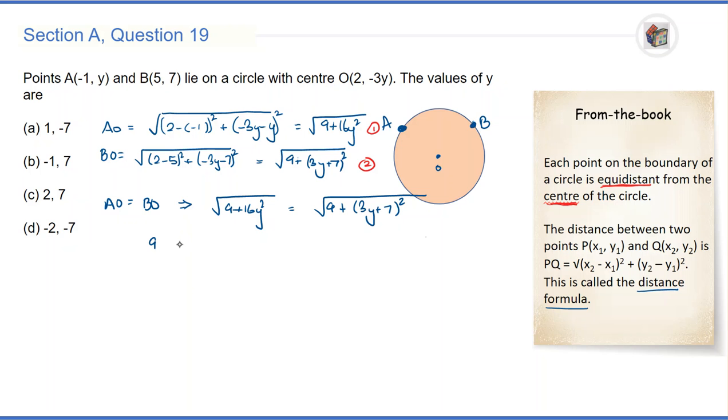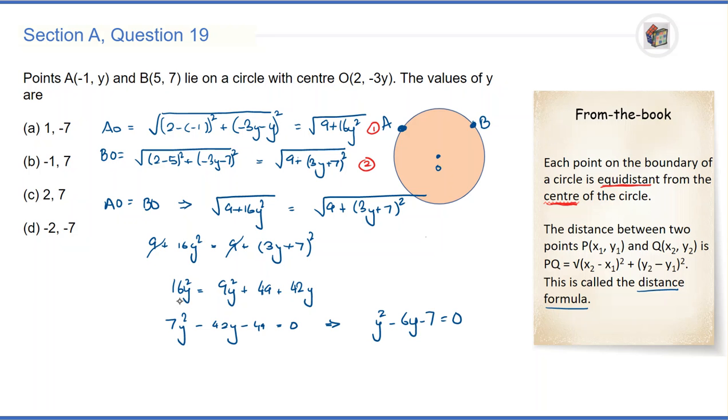Then you will just square both sides, so both of the square roots will vanish and you will be left with this expression in terms of y on both sides. Now the 9's get cancelled on both sides, so now all you have is this. Open the identity on the right hand side. You're going to get 9y squared plus 49 plus 42y.